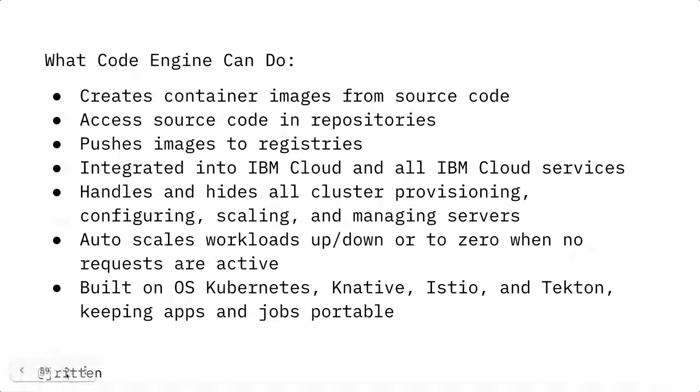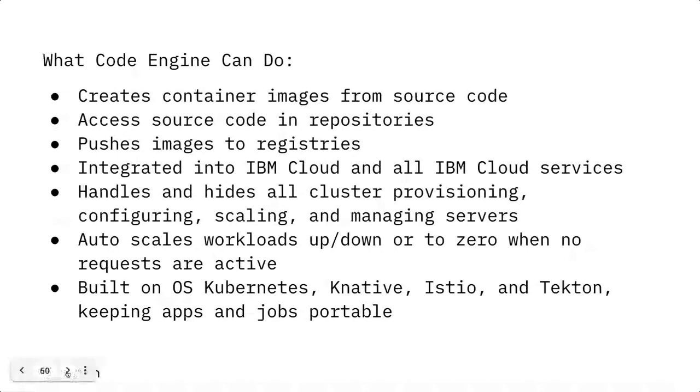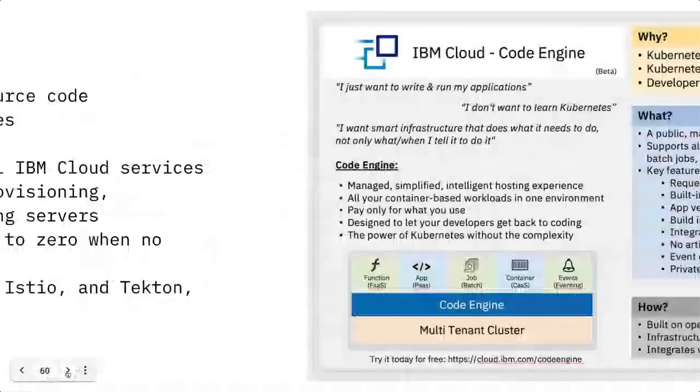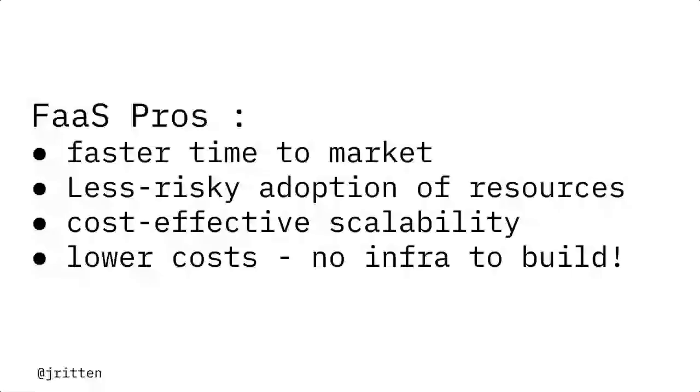So, just a recap of our functions as a service pros, right? Our benefits are faster time to market. You can focus on code, not infrastructure. It's less risky adoption of resources, so you're paying only for the resources you use. You can scale up or down automatically.